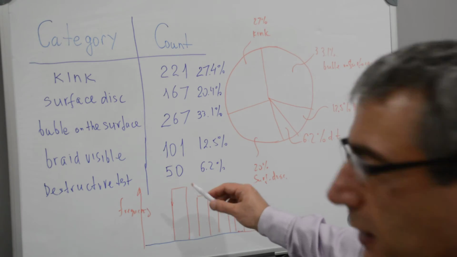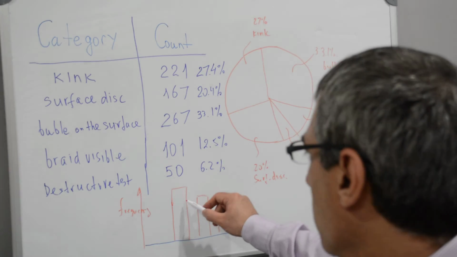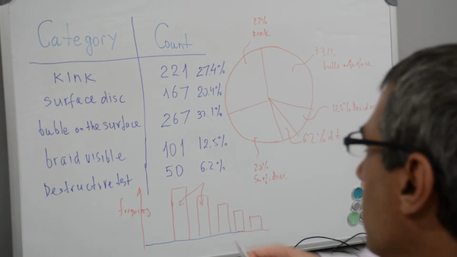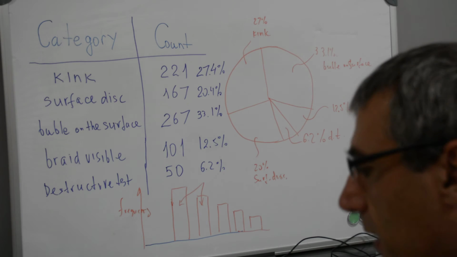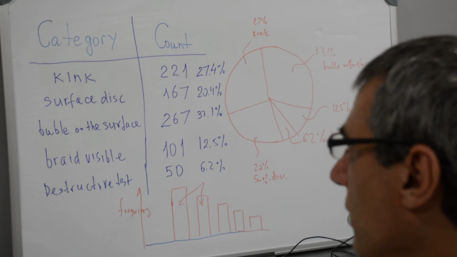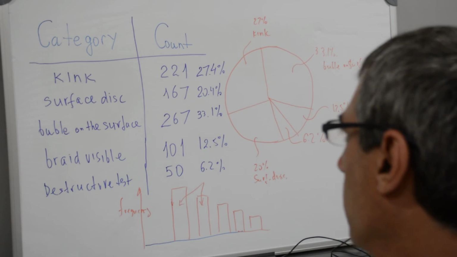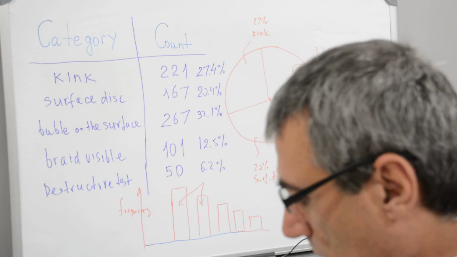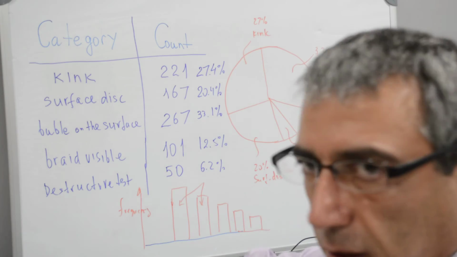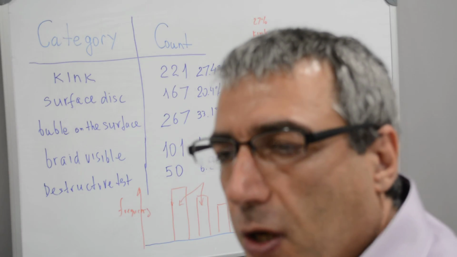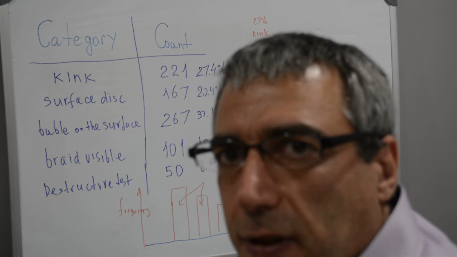So certainly the improvement projects should concentrate on the highest contributors. In this case, perhaps it's a good idea to start the project on reducing the bubble on the surface defect and kinks. So this much is about graphical representation of the categorical data.